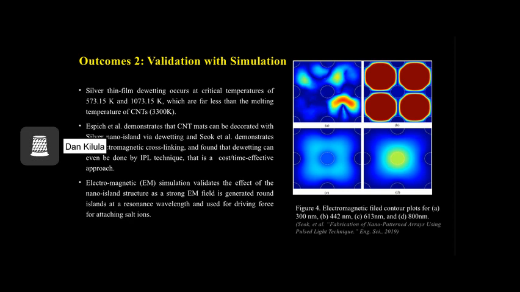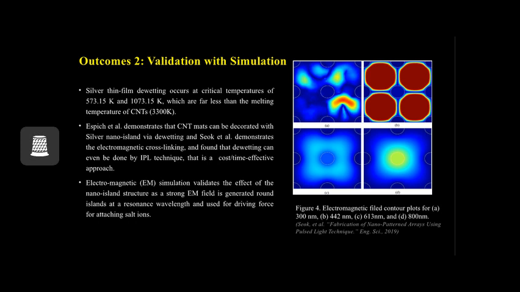Silver can be dewetted on a CNT mat because dewetting happens at critical temperatures of 573.15 Kelvin and 1073.15 Kelvin, which are far less than the melting temperature of CNT. Research by Epsich et al. demonstrated that it is possible to decorate CNT mats with silver nanoislands via dewetting.